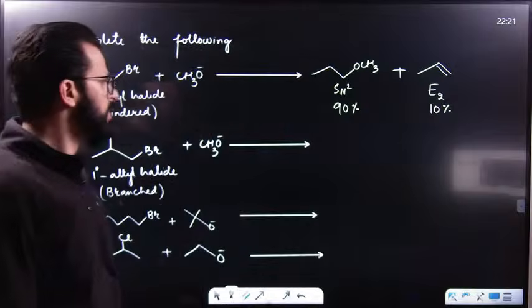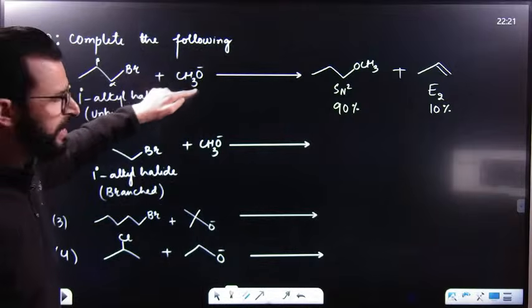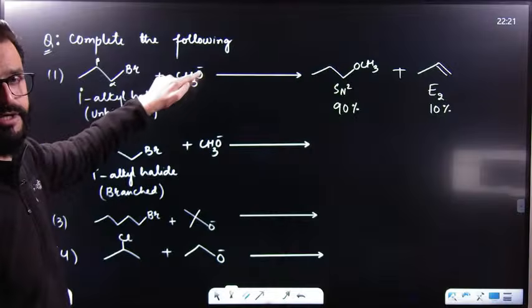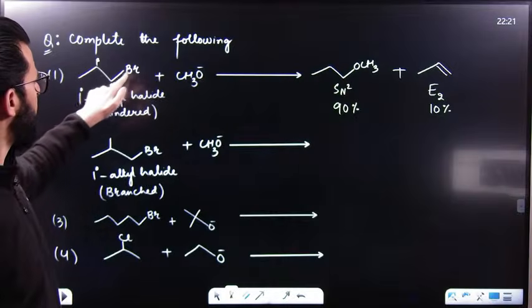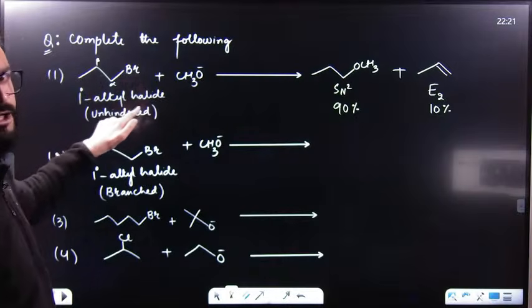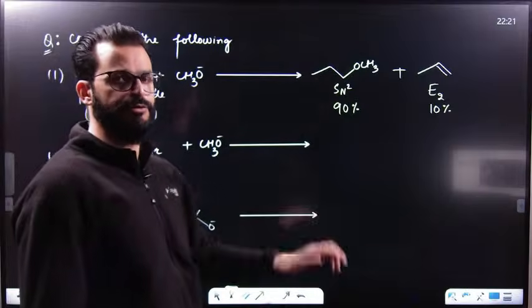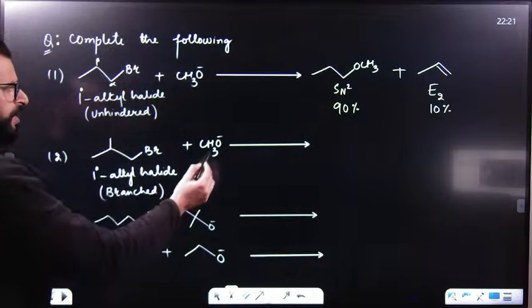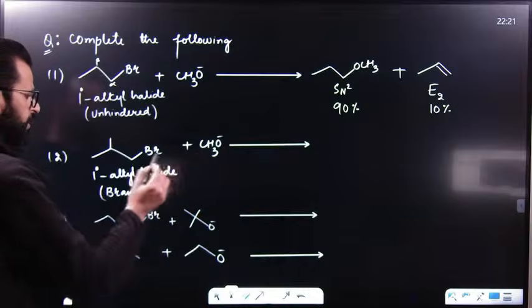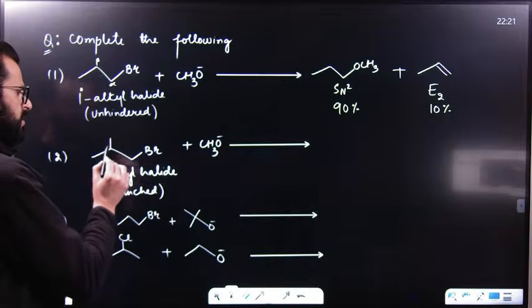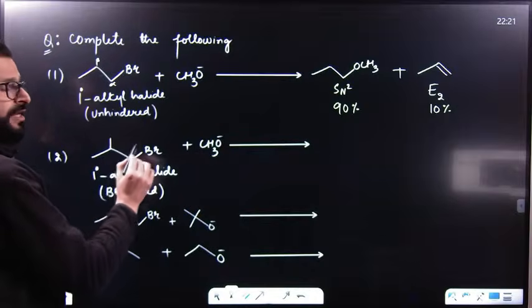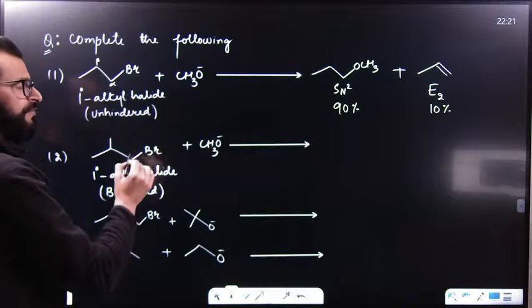What does that mean? That means whenever you have a strong reagent and your 1 degree alkyl halide is unhindered, it generally prefers SN2 reaction. Similarly, if you have a strong reagent but your alkyl halide has a branch, that means there is repulsion. So the nucleophile will feel repulsion.